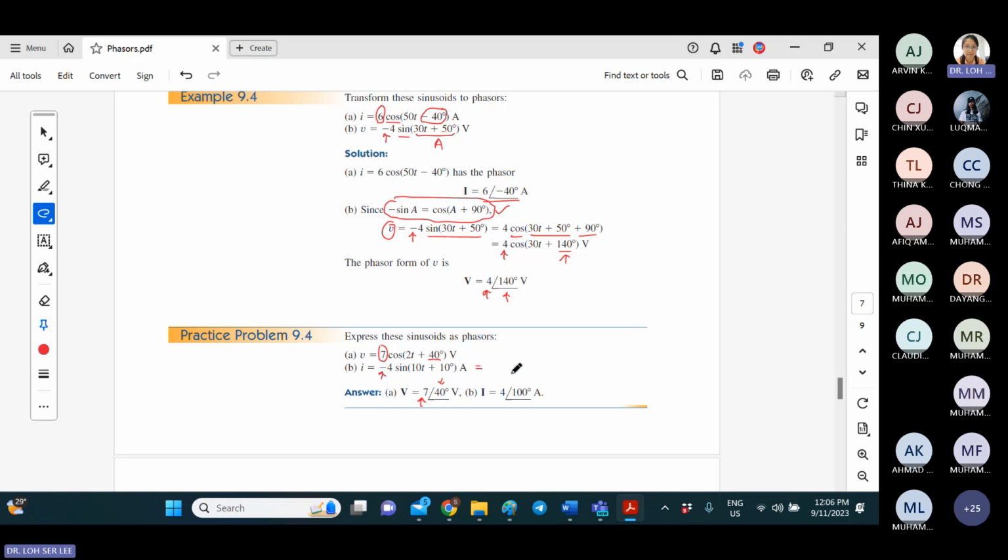We have a 4 here, and we change the negative sine into cos, positive cos A plus 90. So when you sum these two, you get 100. VM is 4, so 4 angle 100. Very simple, right? Yes.